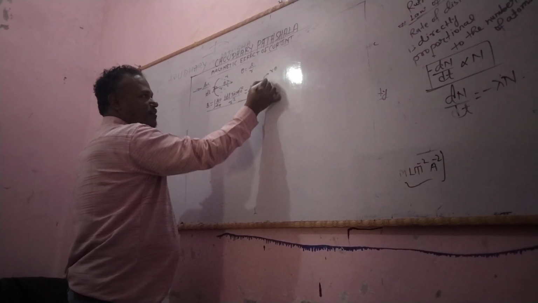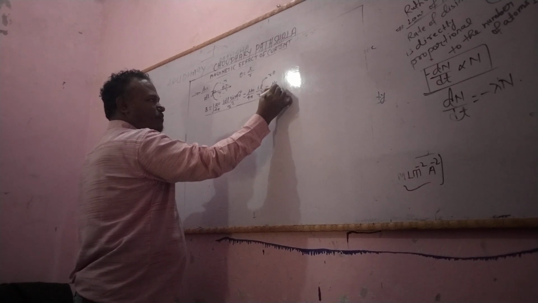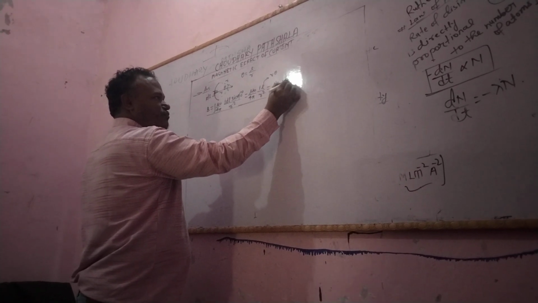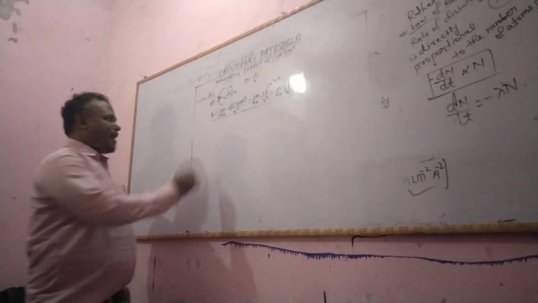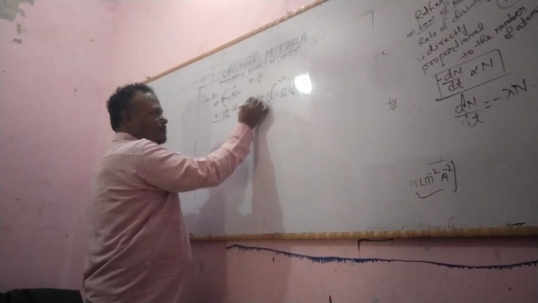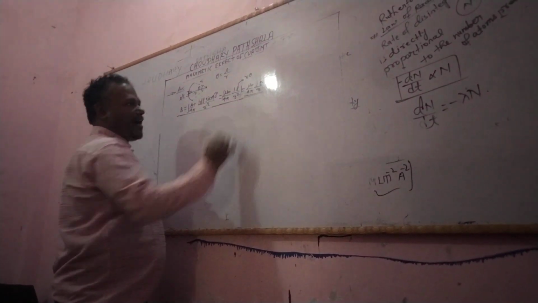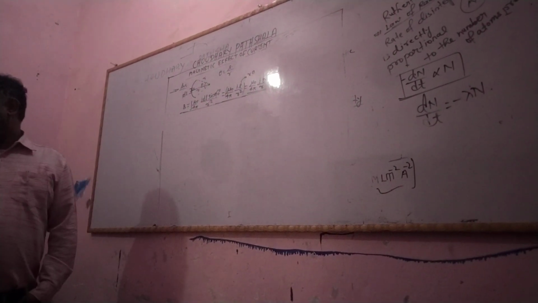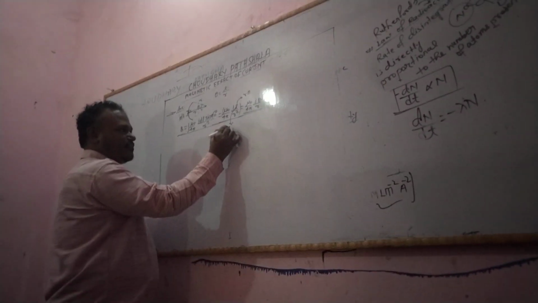So one r will cut from here, and your field will come as mu naught upon 4 pi I theta upon r. So what is the magnetic field due to an arc? This is mu naught upon 4 pi I l upon r square, or mu naught upon 4 pi I theta upon r.